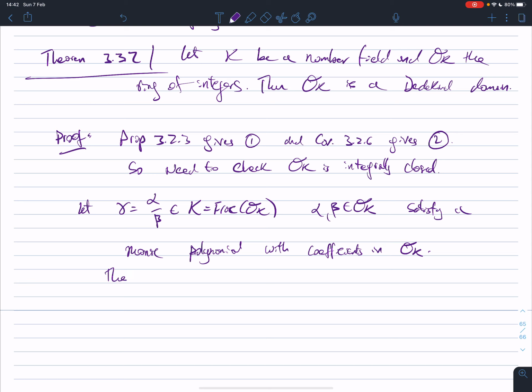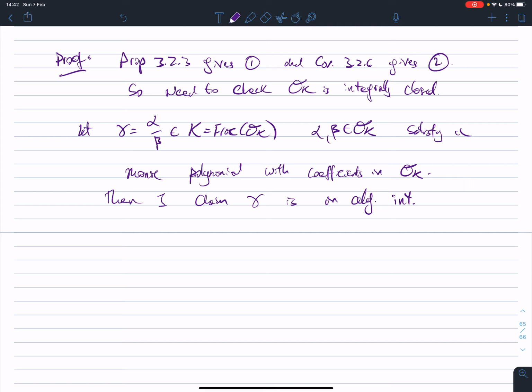Then I claim that gamma is an algebraic integer, in which case gamma is in K intersect the ring of all algebraic integers, and we know that this is just O_K. So this is done.